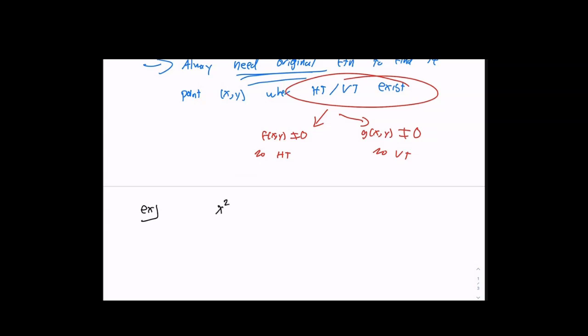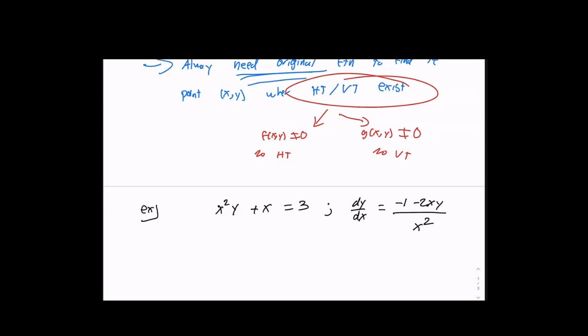So x squared y plus x equals 3, and dy/dx equals negative 1 minus 2xy, all over x squared.